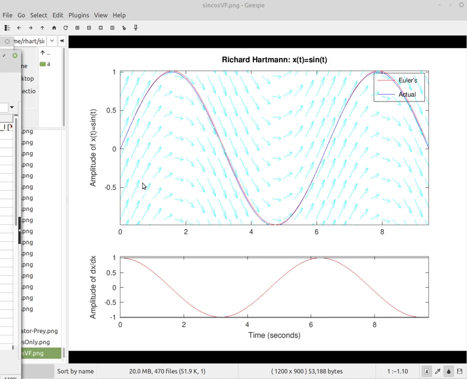Normally, since this is a plot in time, we know that time starts at 0 and moves positive, right? So a lot of times on time plots we don't actually do a vector field, but it does give us a cool plot. It kind of just shows the flow.